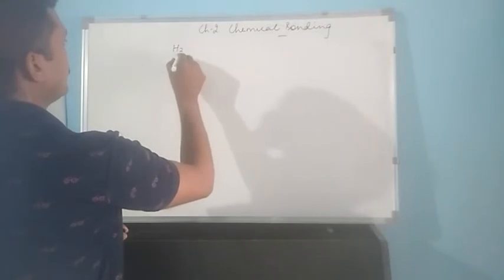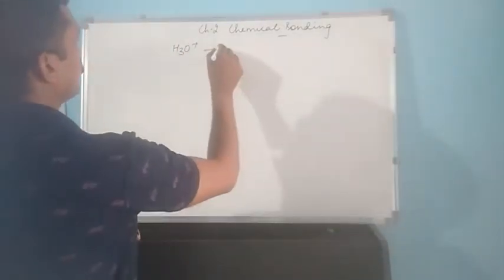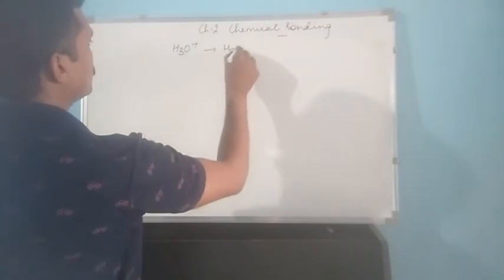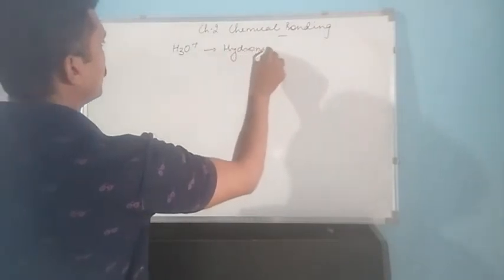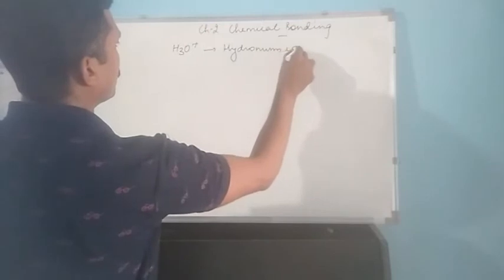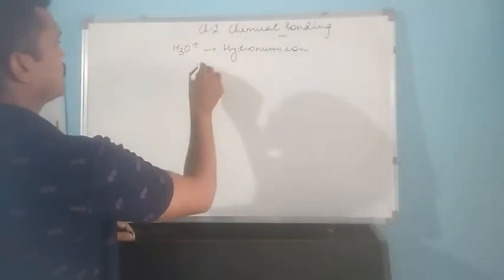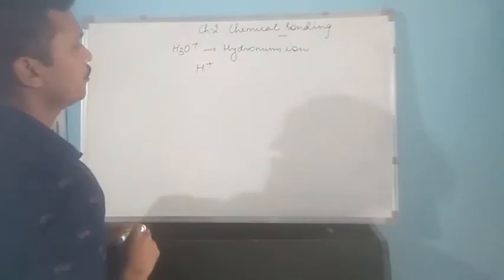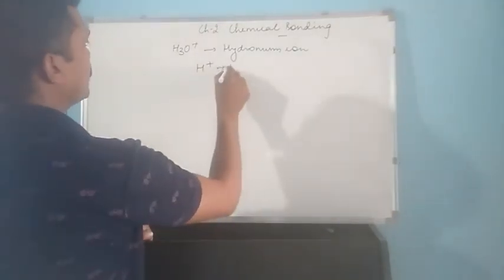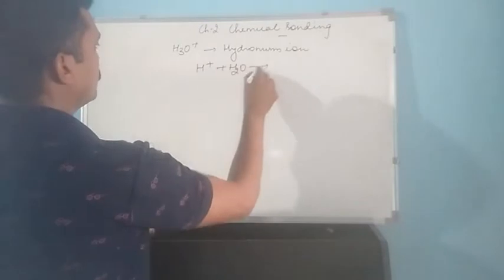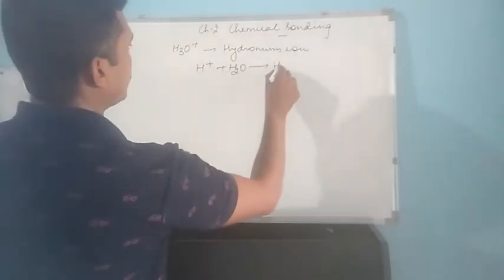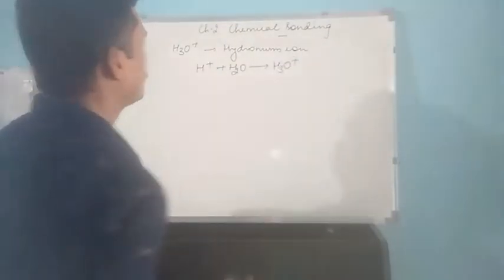So we will first see the coordinate bond in a hydronium ion. When H plus, that is hydrogen ion of the acid, combines with water, then it will form hydronium ion.